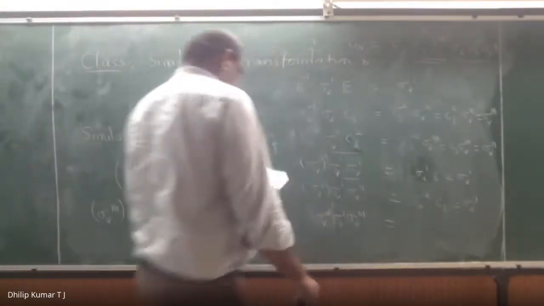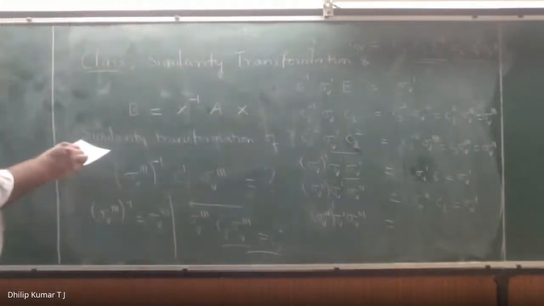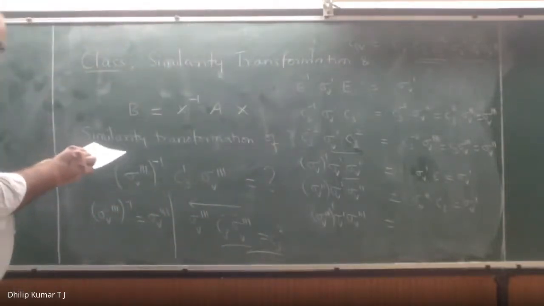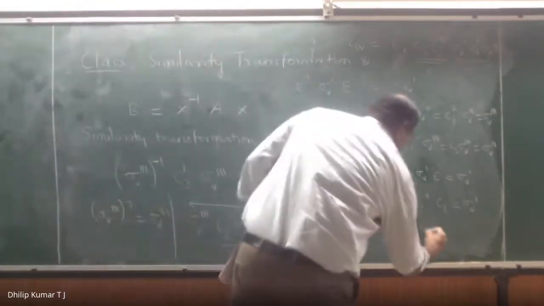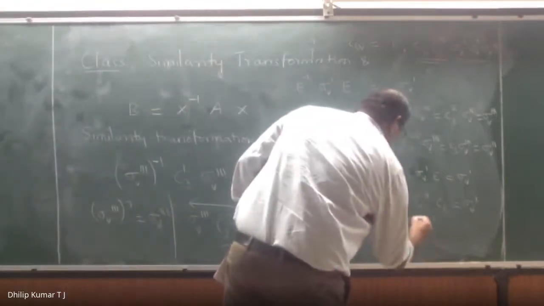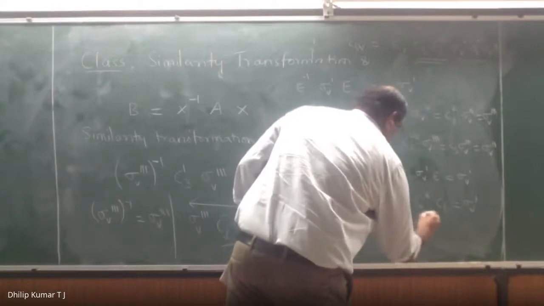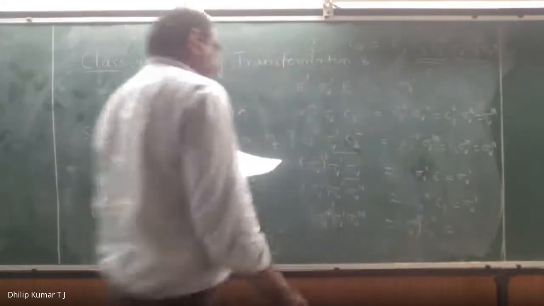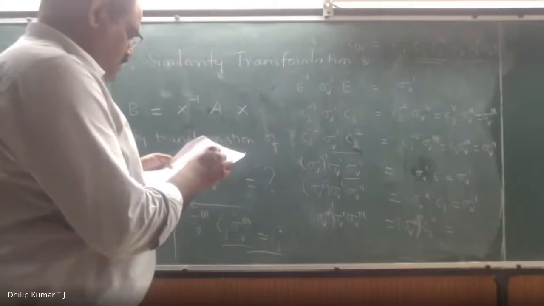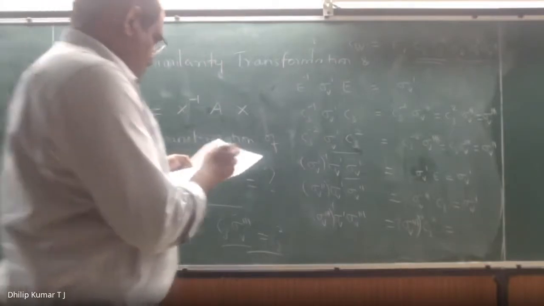Let me finish this one. So C3 inverse multiplied by sigma V prime, so the C3 2. So this will be C3 into sigma V prime, triple prime, sigma V prime.